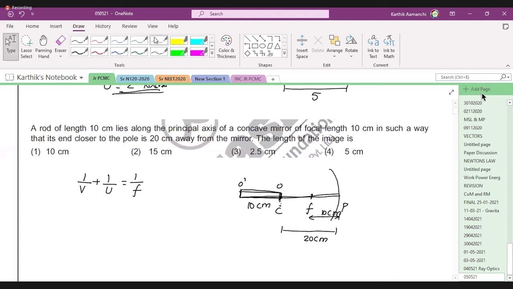Your f is 1 by 10. So get me your image distance. 15, sir. How much?